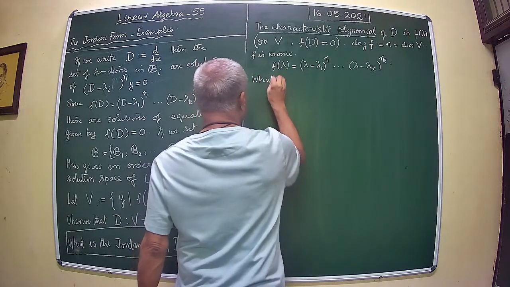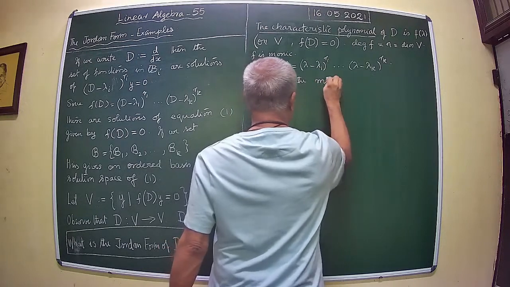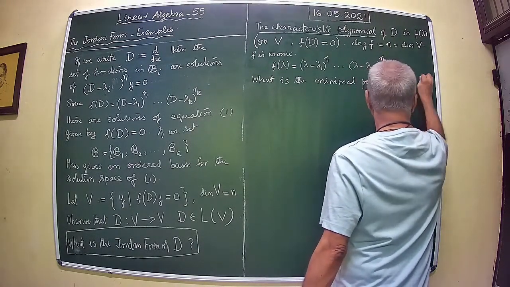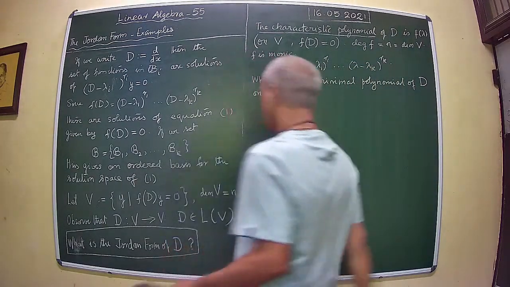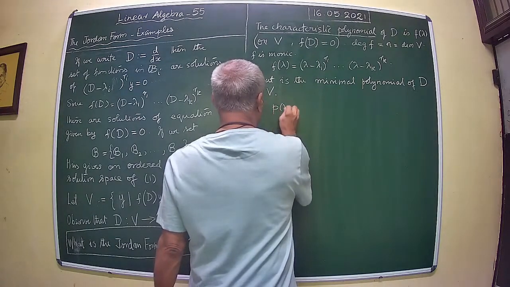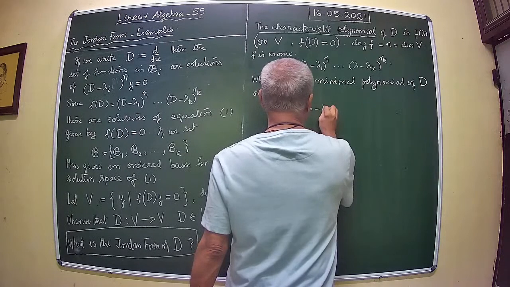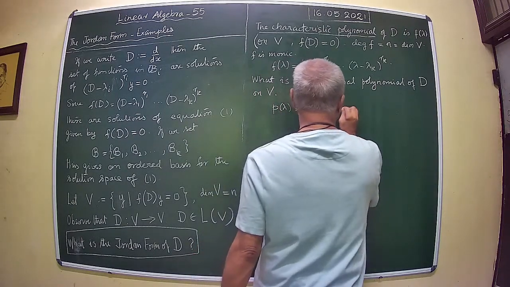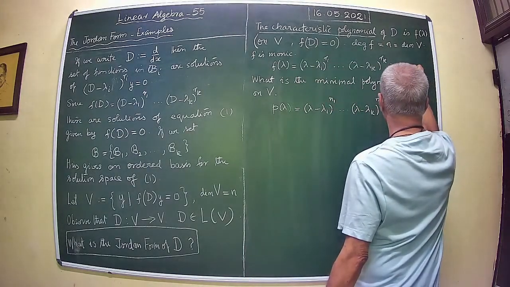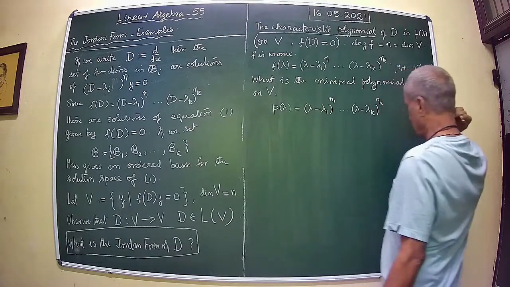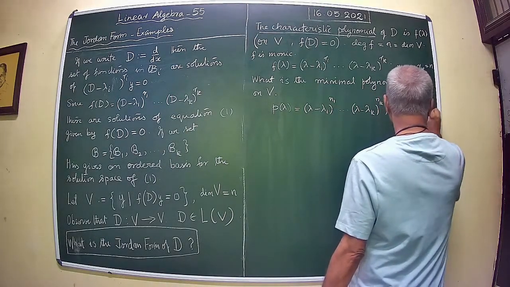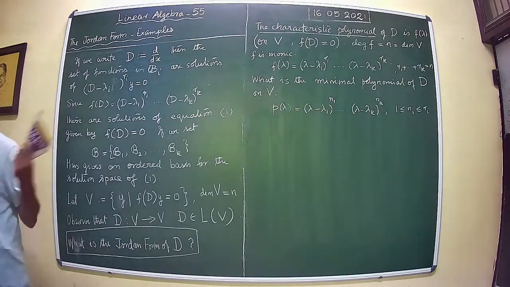So the question that you ask is this: what is the minimal polynomial? Now we see that the minimal polynomial p lambda has to be something of the form (lambda minus lambda 1) to the power n1 and so on, where r1 plus ... plus rk equals n, and 1 is less than or equal to ni less than or equal to ri, and it need not be equal.